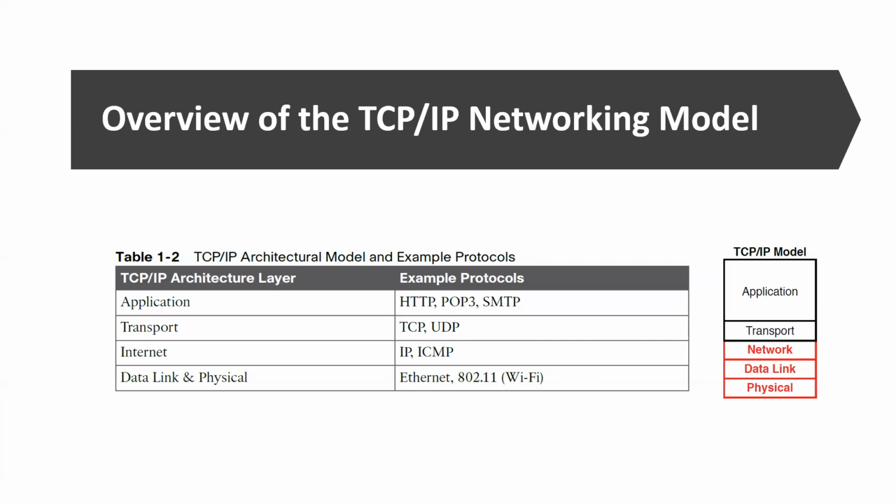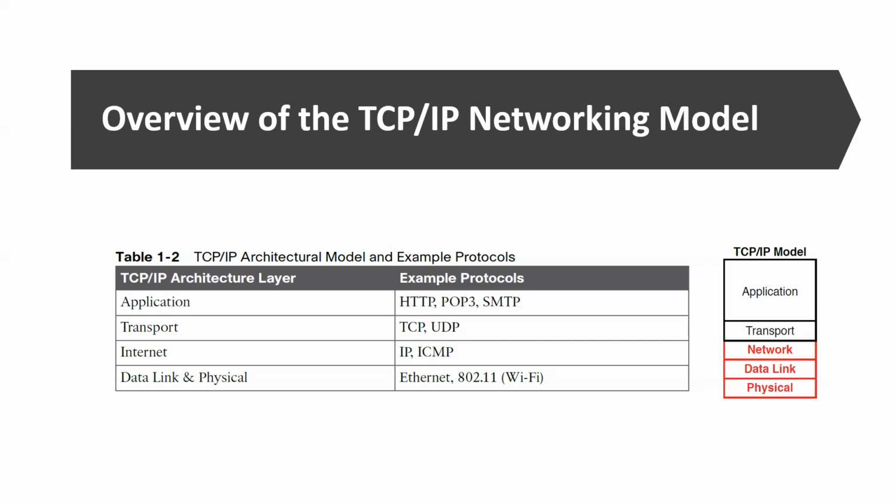All right, so with that being said, let's go over this. We have the application layer, the transport layer, the internet layer, and the data link and physical. The application layer doesn't necessarily mean applications run at this layer. It's not like, oh, Outlook, okay, application layer.